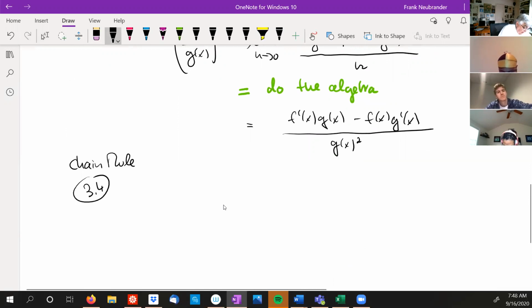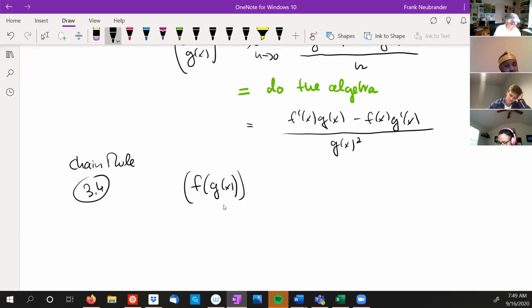So the chain rule is if you have a function f applied to g of x. So you start with an x, then you first apply the function g, and then you apply the function f. So you have a chain of operations. First g, and then f.